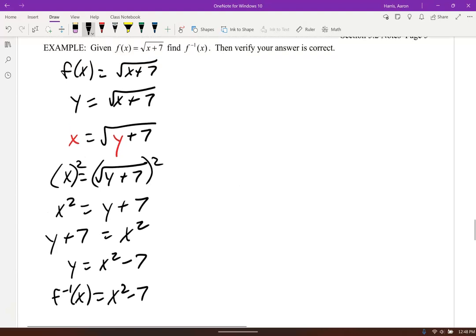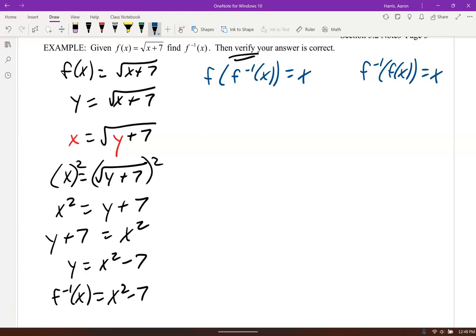So now what we got to do is verify. Let's go ahead and verify. Well, if this is true, then f of f inverse would be x, and f inverse of f of x must also equal x. That's how we verify. So let's start with f of f inverse.